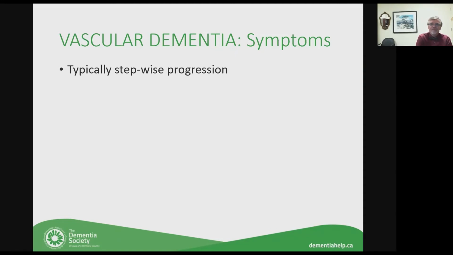And then maybe for a couple of weeks, nothing really happens. And then there might be another little clot, another little vessel that gets blocked, and another little change. So instead of a gradual decline like we have in Alzheimer's disease, in vascular dementia you're more likely to have stepwise progression. So stability, drop down, more stability, drop down, right, with each clot.